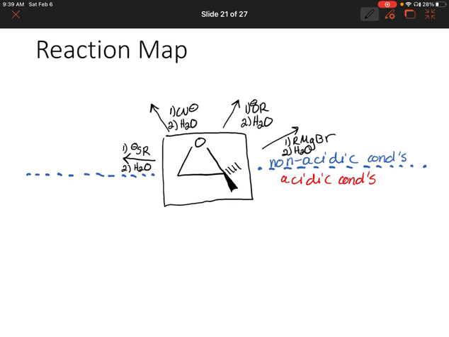And then down below, let's add just acid, and some other reagents here.